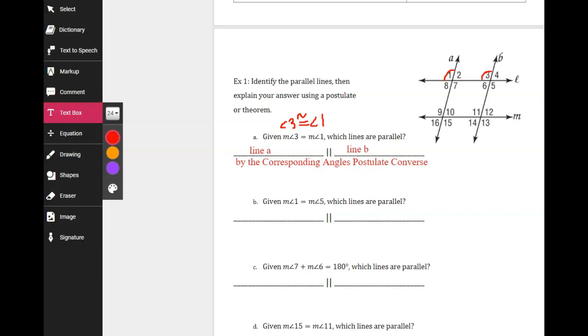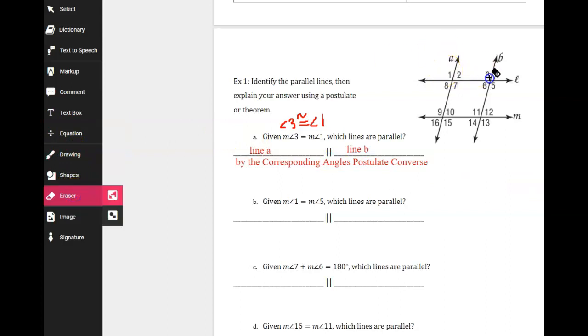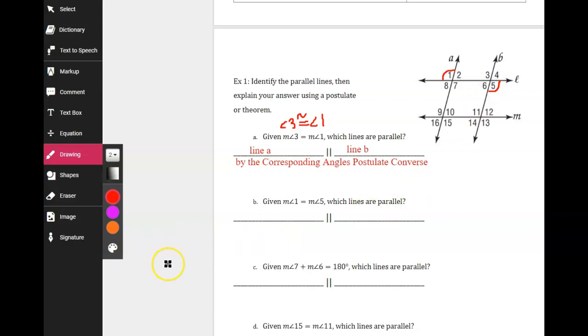So let's look at the next one. It says, let me erase my marks here. It says, given angle 1, so the measure of angle 1 is equal to the measure of angle 5. So those two angles are congruent to each other. Which lines are parallel?